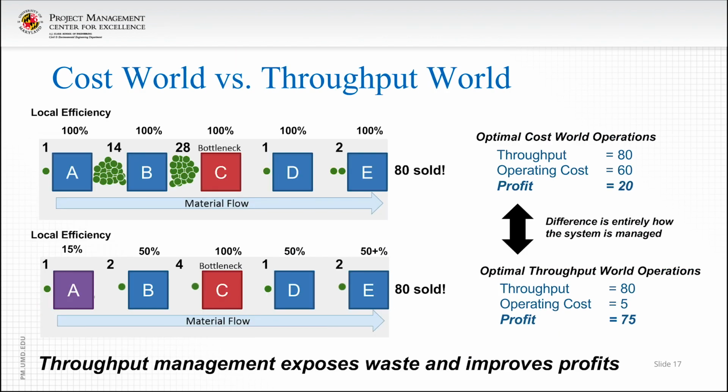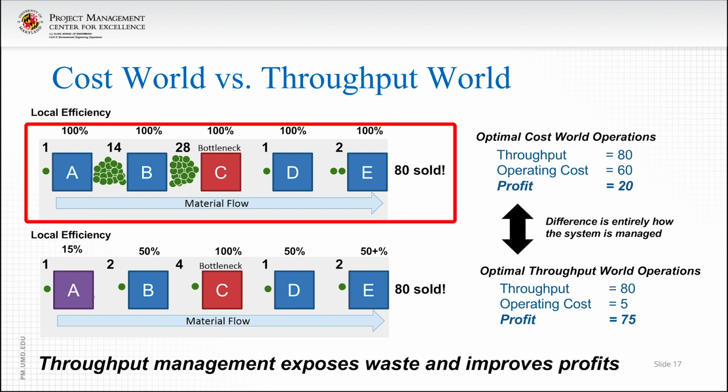So when we compare this in a simple scenario, I've brought back the example from before. And what you can see here is that in the cost world, managing efficiency at 100% for all the systems results in a lot of work in progress. This is what we see in the top line. A is running at 100% and creates a huge backlog for B, which is running at 100%, which creates a lot of backlog for C, which is our bottleneck.